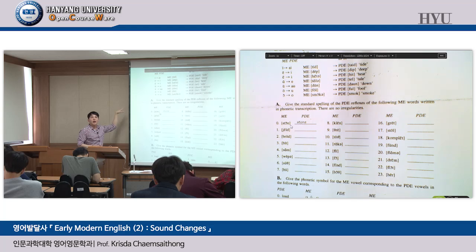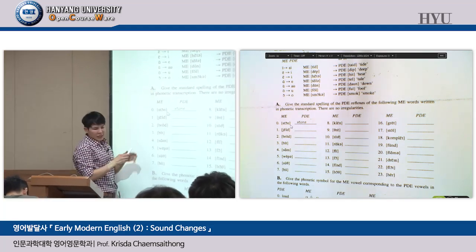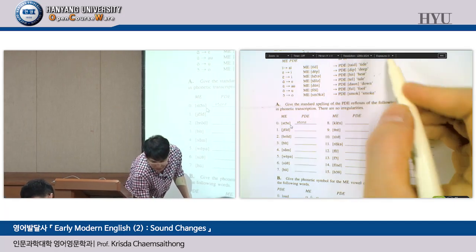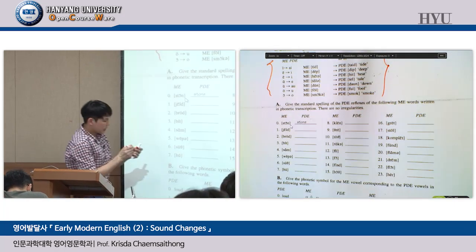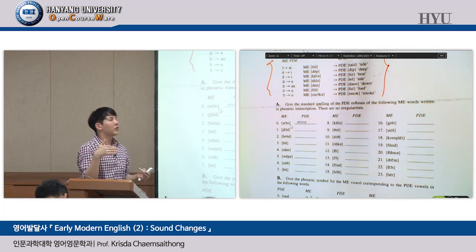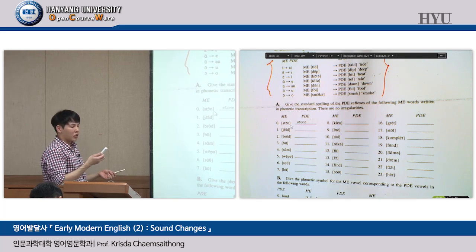So everyone has got a copy? Now, on the top part, this is the final step, the final stage after the GVS, perhaps around 1800 or so.